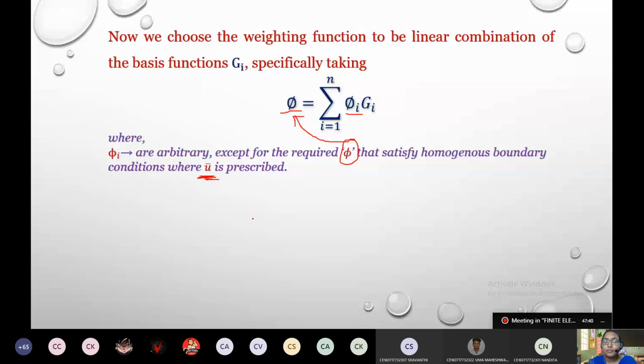Because at x is equal to 1, the u value is exactly 2, as given to you. It is not that you will get some approximate solution over there. So at that point, your phi value, which means your weighting function, is 0.